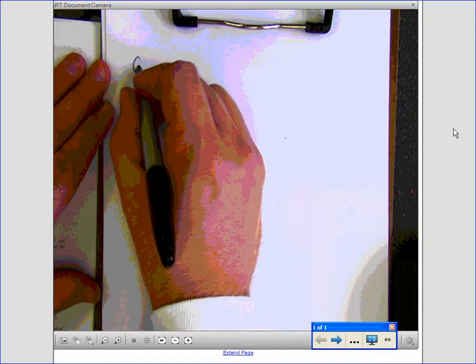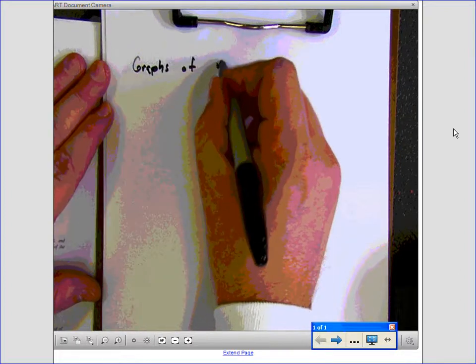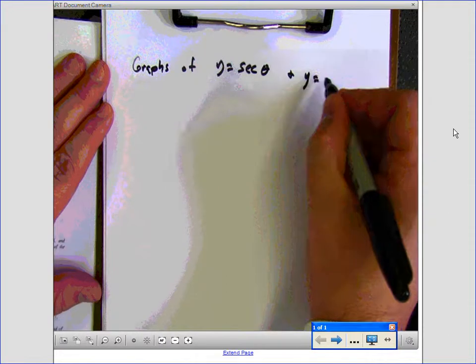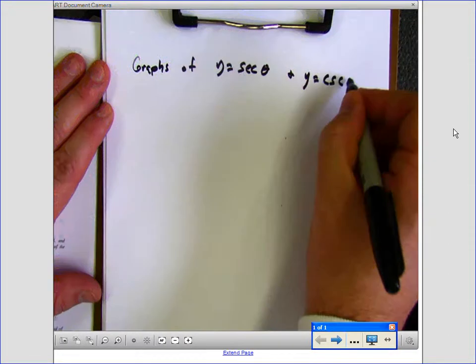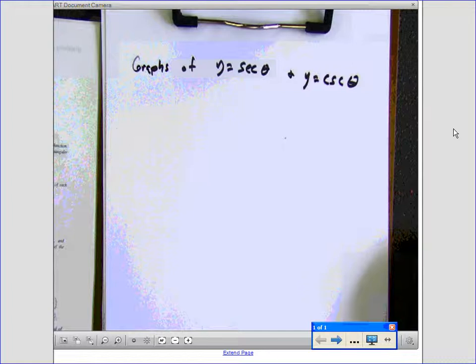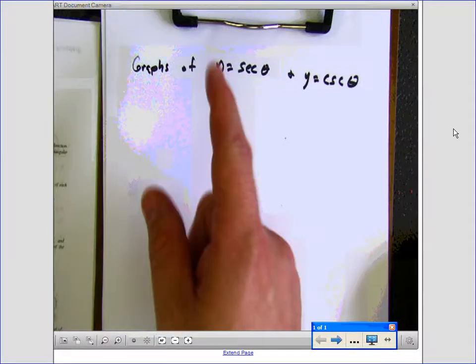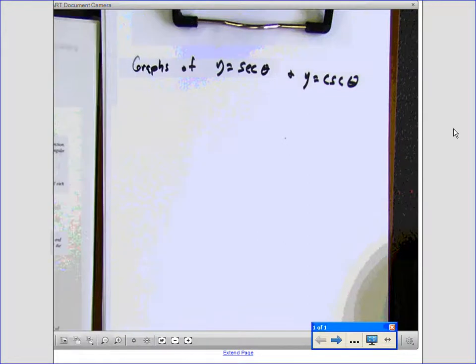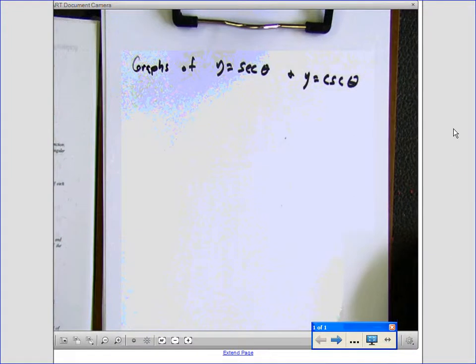We'll look at graphs of y equals secant theta and y equals cosecant theta. Now, here's the bottom line. If you can graph cosine and sine, then you can graph secant and cosecant. But you got to be able to graph sine and cosine first correctly. If you graph sine and cosine correctly, then you'll be able to graph secant and cosecant probably without any problems.